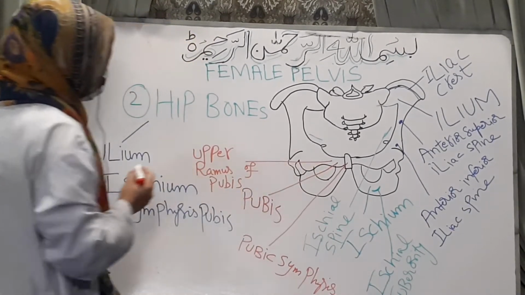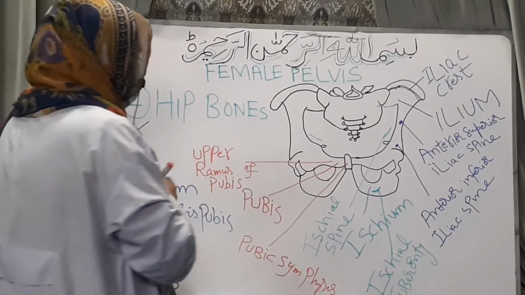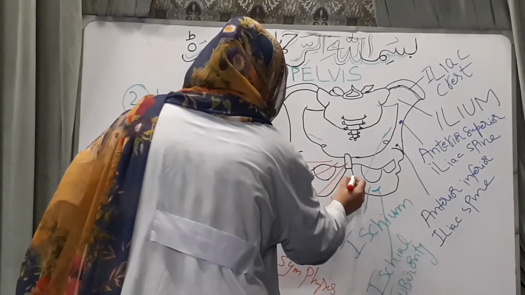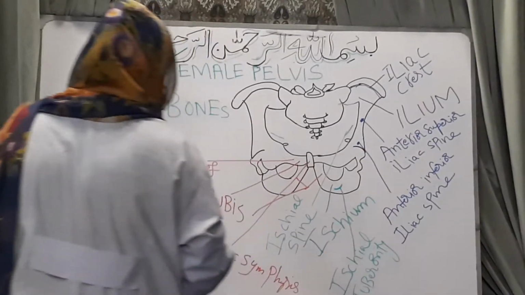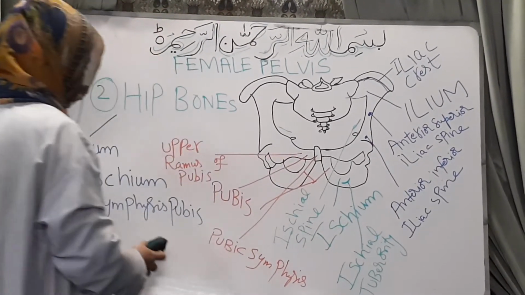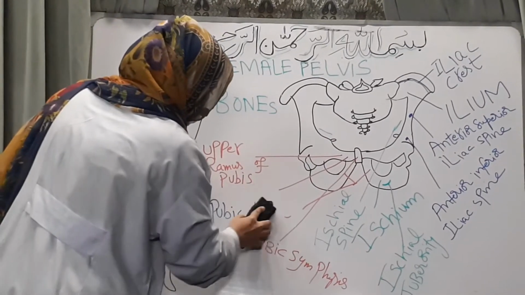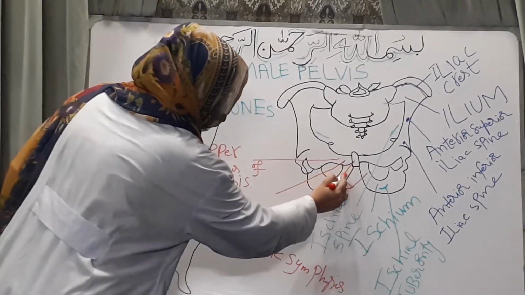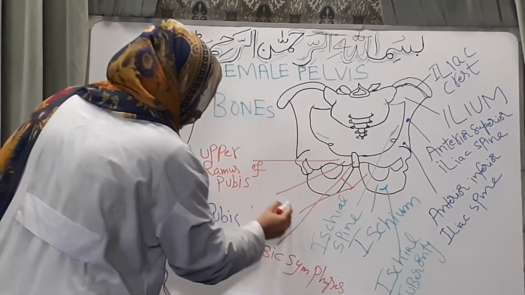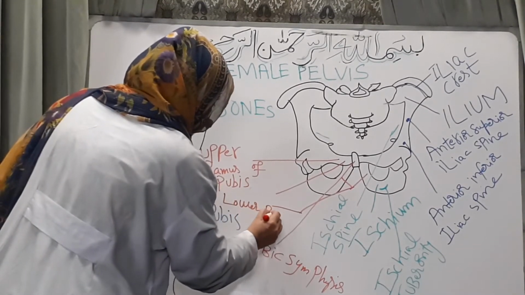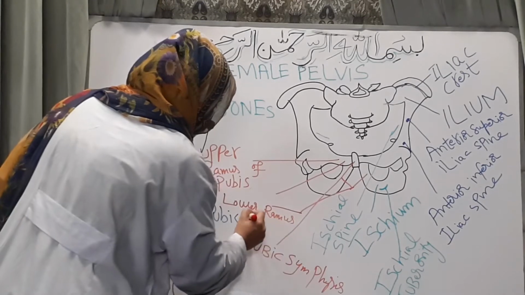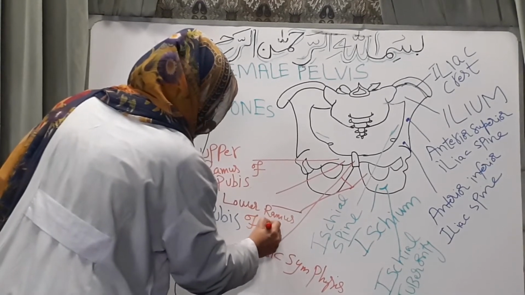And this part, I am going to erase this, is known as the lower ramus of pubis.